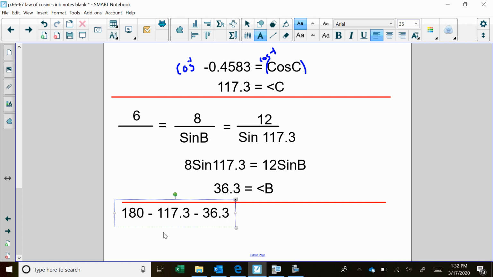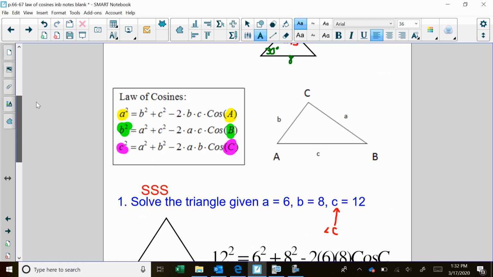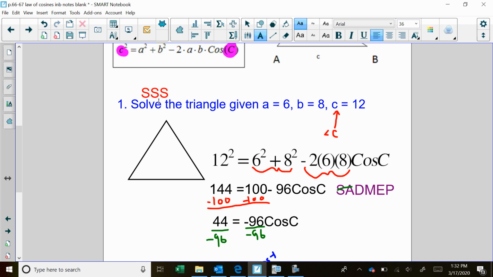So that's angle C and angle B. And when we finish with this, we will have angle A. That calculation, 180 minus 117.3 minus 36.3, gives us 26.4 is what angle A equals. All right, so that is how we're going to work a side-side-side triangle.